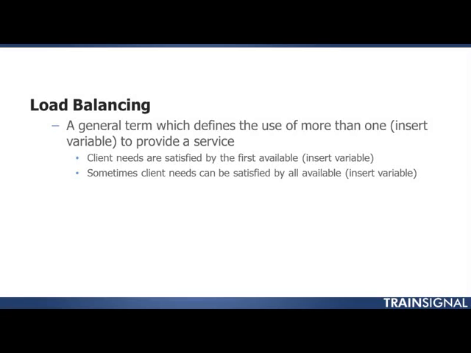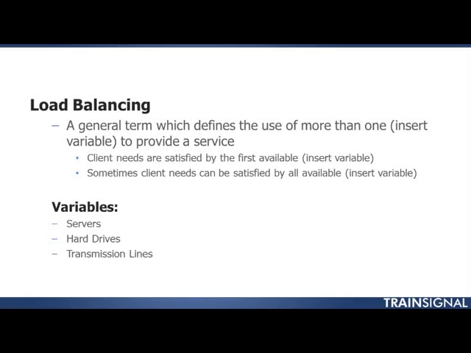Now, the variables that we're plugging in, let me give you some examples. We could be talking about servers, right? Multiple servers acting as a single entity providing the same service. We could be talking about hard drives, where it could look like a single component of storage, but there are multiple physical hard drives which, working together, provide that storage.